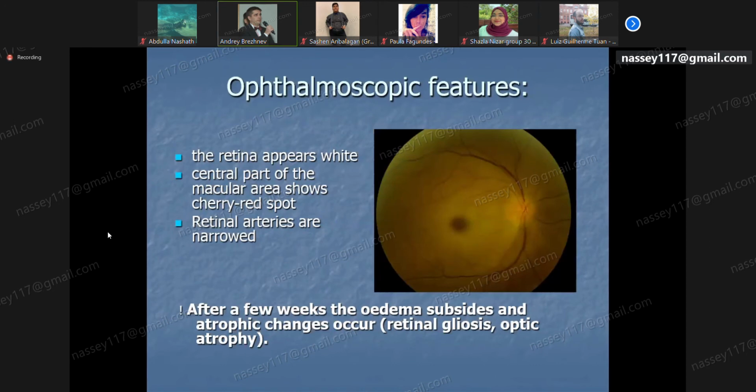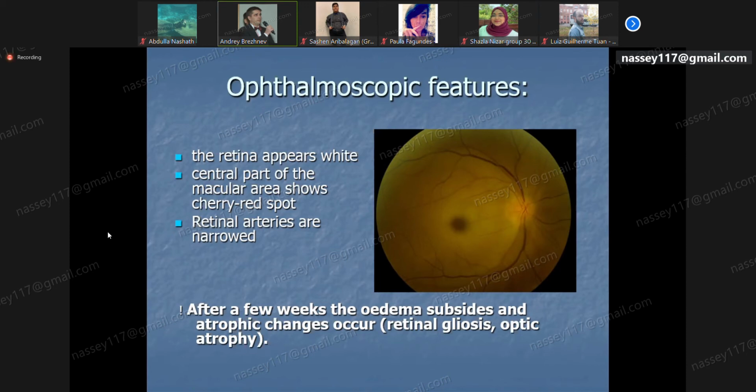Here you see the photo of a patient with acute arterial retinal obstruction. Ophthalmoscopy shows the following signs. The retina appears white as the result of cloudy swelling caused by intracellular edema.